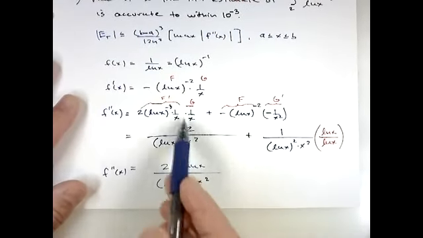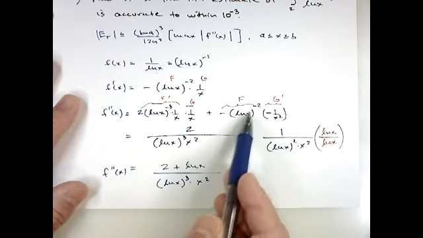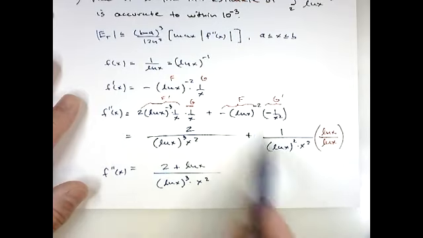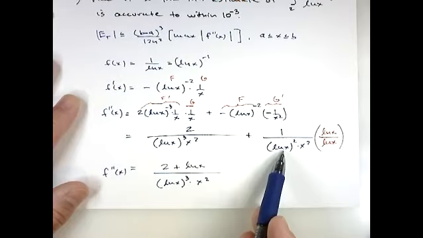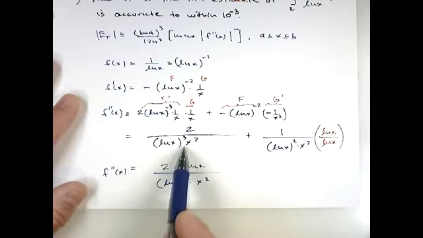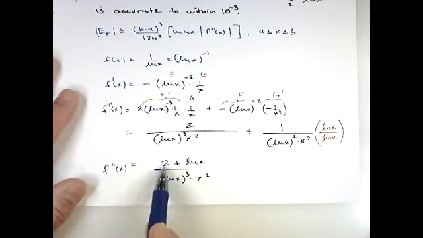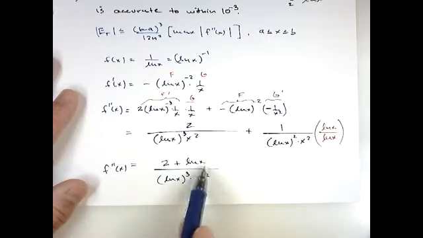Turn these into fractions here. This can come down, right, because it's ln of x to the negative 2, so I can move it to the denominator. Then I did a common denominator, ln of x, to get these two fractions the same. And when I simplified it, I got the second derivative is 2 plus ln of x, all divided by ln of x cubed times x squared.